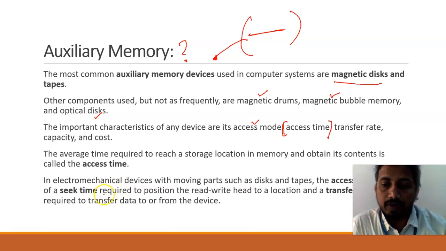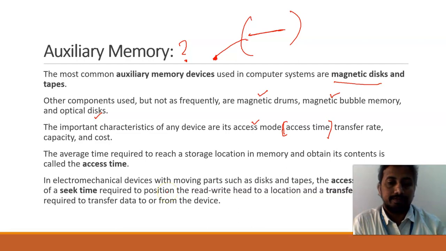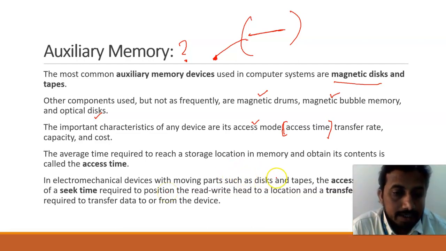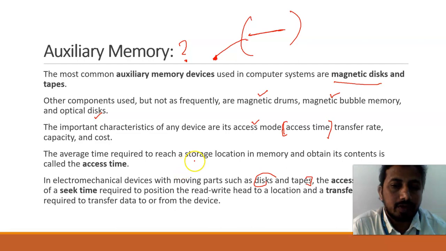So when you go for electromechanical devices with moving parts like disk and tape, the access time consists of the following. Now this would be 100% true for semiconductor memories.